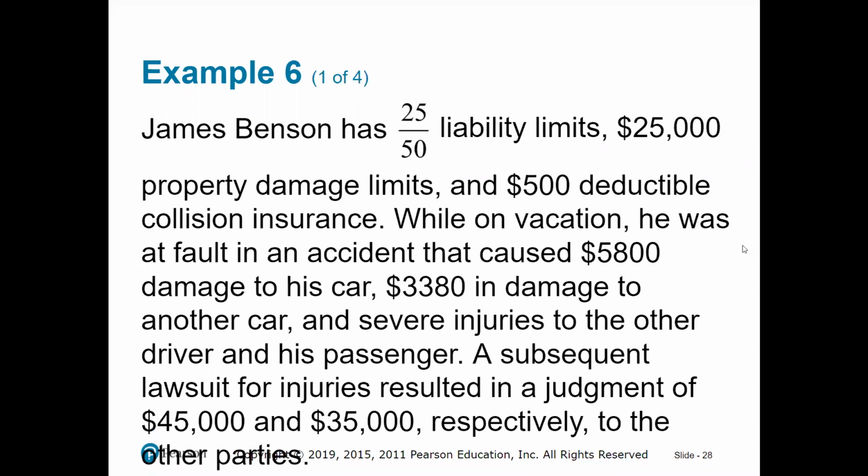While on vacation, he was at fault in an accident that caused $5,800 damage to his car, $3,380 in damage to the other car, and severe injuries to the other driver and his passenger. A subsequent lawsuit for injuries resulted in a judgment of $45,000 and $35,000 respectively to the other parties.